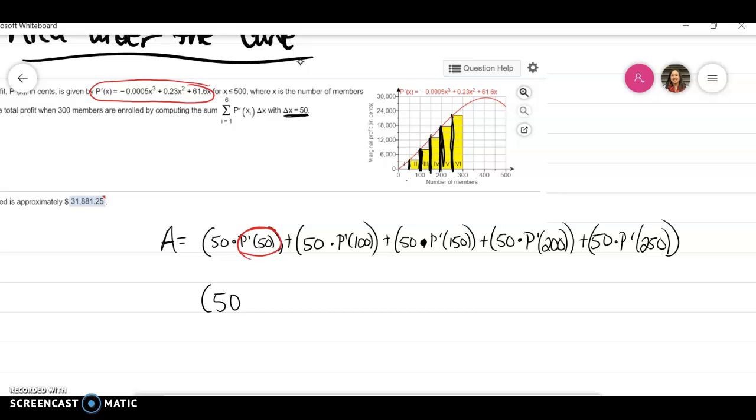I could look at my table and see that my p prime of 50 was 3,592.5, and then plus 50 times, I'm putting parentheses in the wrong place. The second one is 7,960, plus 50 times, my calculator went blank.